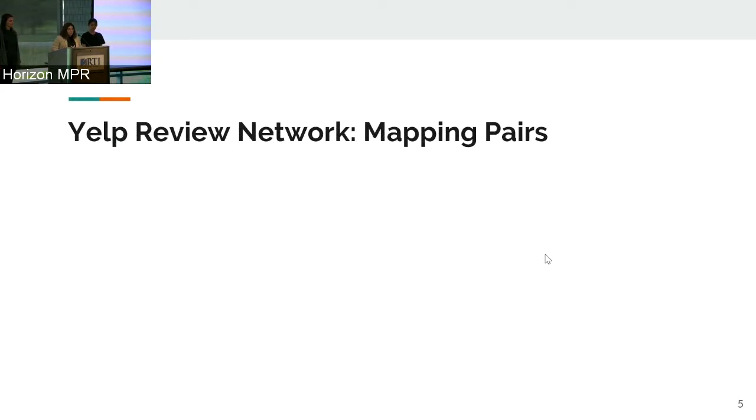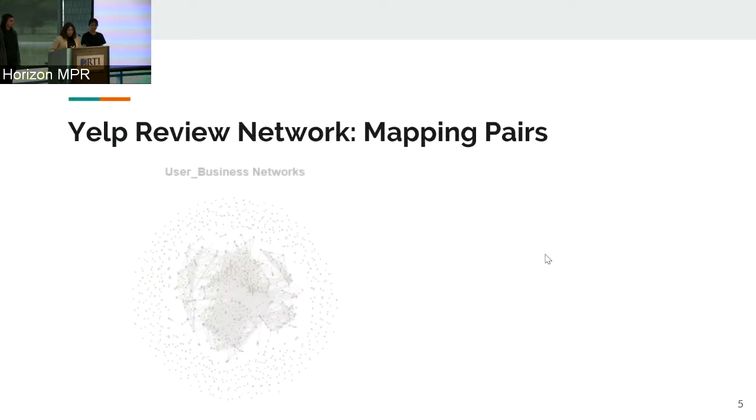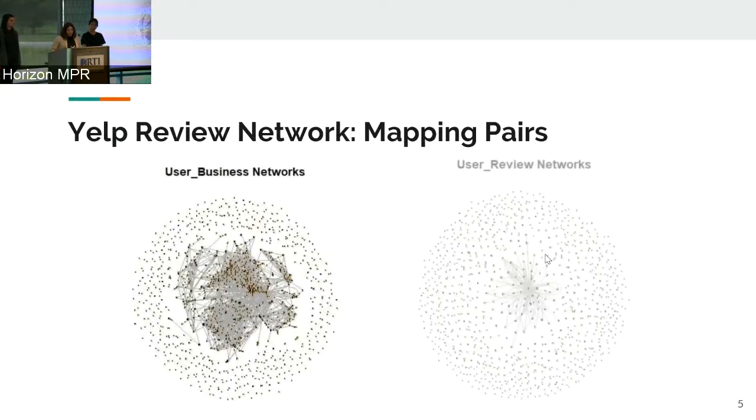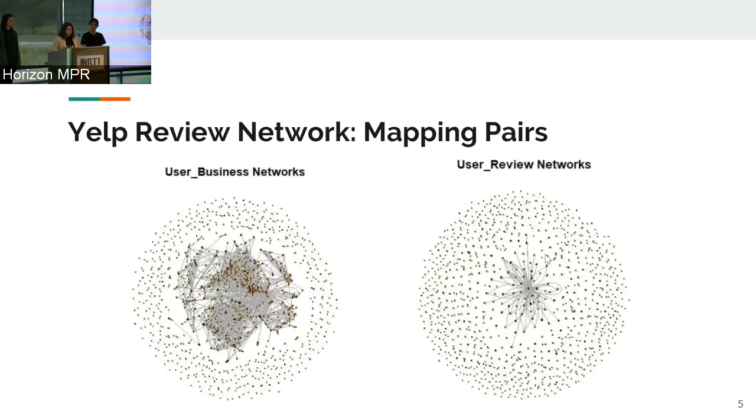And looking into the network of the reviews, the businesses and the users, we decided to do an initial analysis and map pairs. On your left-hand side, you can see the reviewers business network, and on your right-hand side, the reviewers review network. What you see on your left is essentially in the periphery reviewers that only conducted a review of one business.